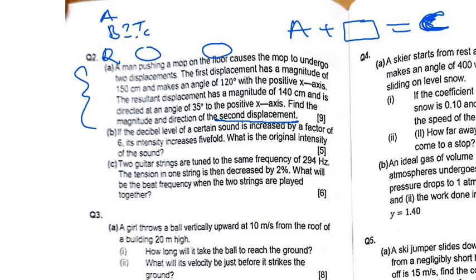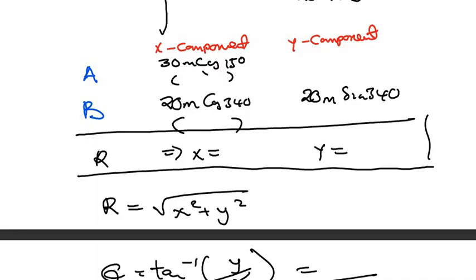Here they're saying a man pushing a mop on the floor causes the mop to undergo two displacements. The first displacement has a magnitude of 150 centimeters and makes an angle of 120. This is, let's say, an example under vectors.